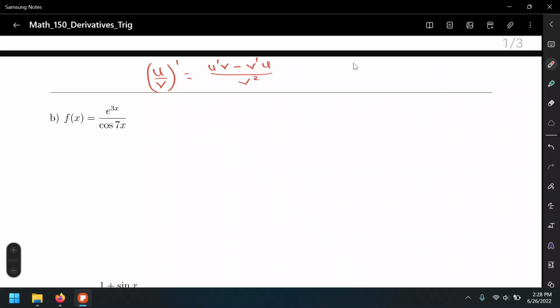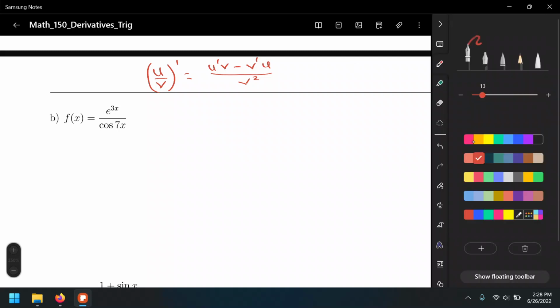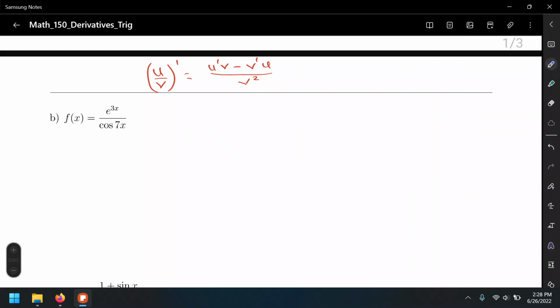Alright, so when we take the derivative for this, let's see. The derivative of e to the 3x over cosine 7x, that's going to be f prime of x equals the derivative of e to the 3x, which is itself, e to the 3x, times 3, times cosine of 7x, because this is u prime times v, and then minus v prime, the derivative of cosine, which is negative sine of 7x, times the derivative, mini chain rule, of 7x, which is 7, and that times just the u function, which is e to the 3x.